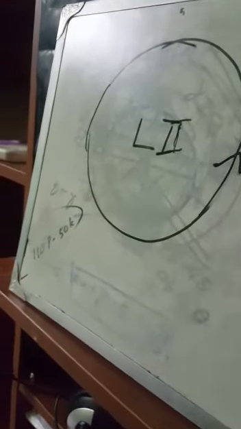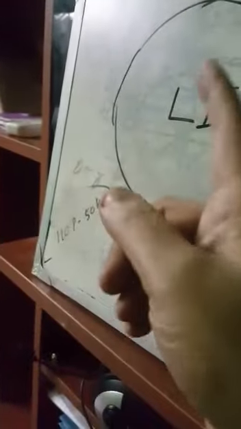Now take the same point P, go to the loop which is on the right hand side. In this case, the direction of the current is anti-clockwise with respect to this point P. So when it is anti-clockwise and the point for this loop lies towards this side, I am going to fold the same fingers and keep the thumb this way. Because the point is towards this direction, I am going to keep it this way.